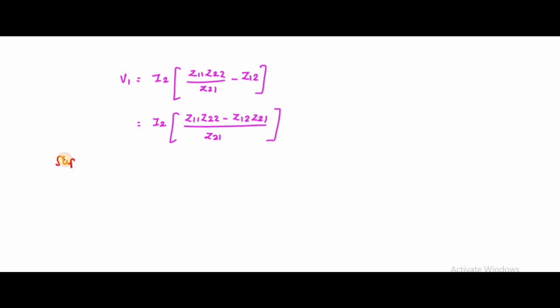The next step is we need to interchange the voltage and current. So here V2 and I1 are interchanged. V2 is the excitation, that is the input, and I1 is the response.